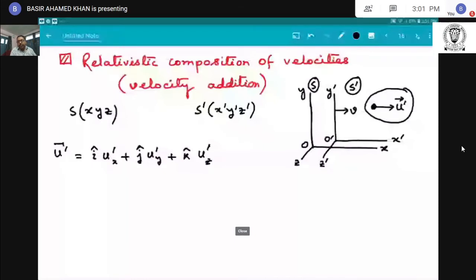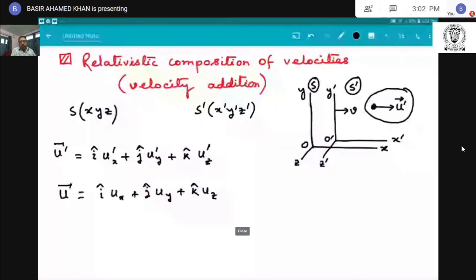The particle is moving with velocity u prime with respect to S dash frame, and we want to calculate its velocity with respect to S frame. This is our aim. So the velocity u of the particle with respect to S frame equals i u x plus j u y plus k u z.